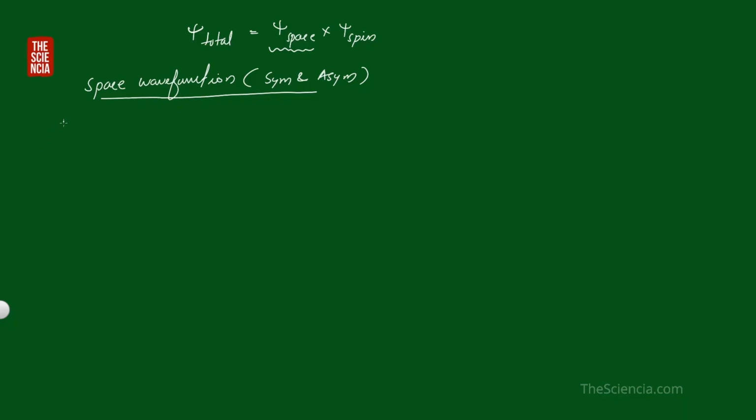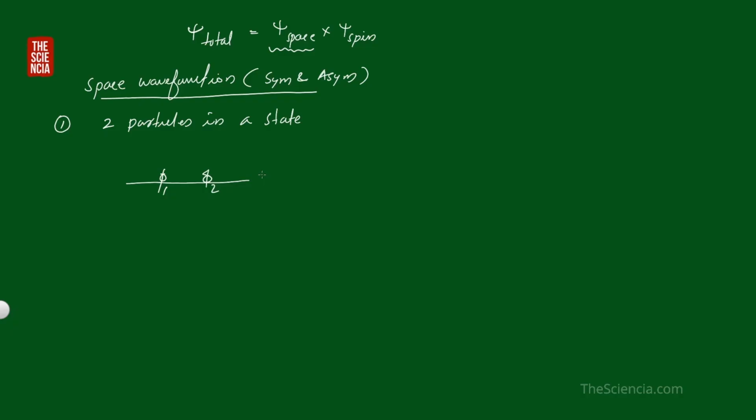So first I am going to consider two particles in a single state, that is, some single energy level, and there are two particles I am representing as psi 1 and psi 2.